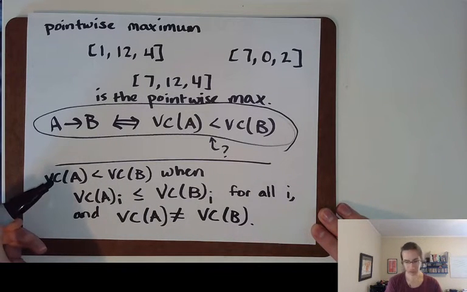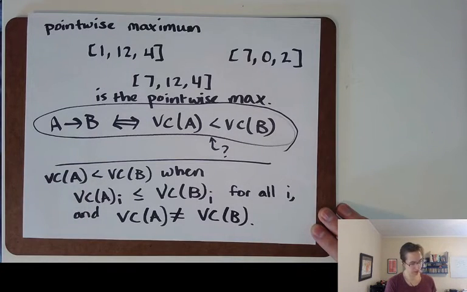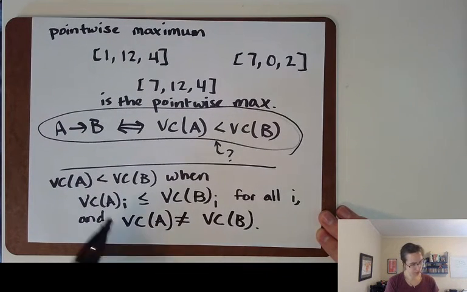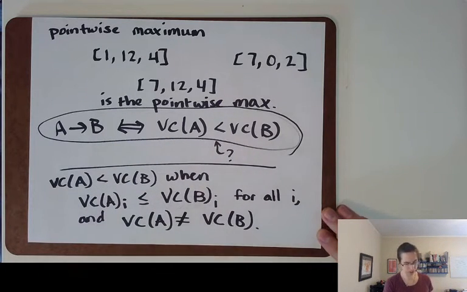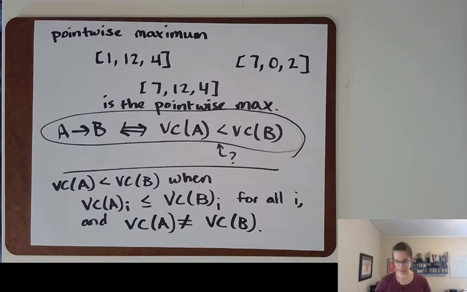We say that the vector clock of A is less than the vector clock of B if for every index, the vector clock of A is less than or equal to the vector clock of B, but also they're not equal. So in other words, there has to be at least one that's strictly smaller.